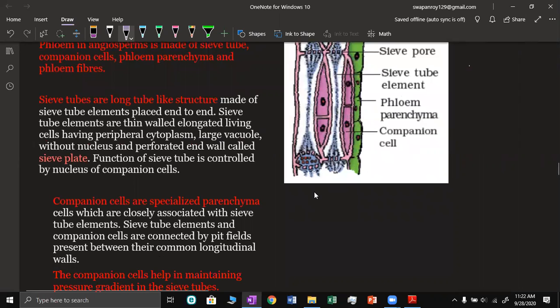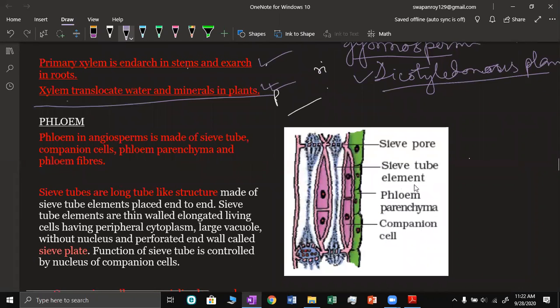Okay, let us come to the next complex tissue, the phloem. Phloem is for the translocation of organic food.